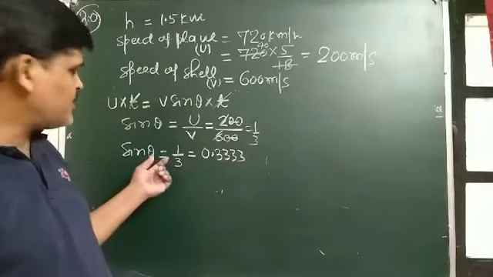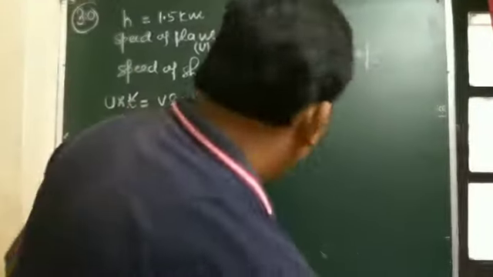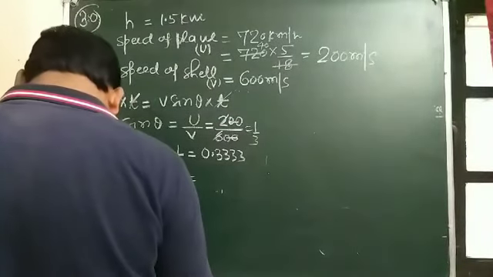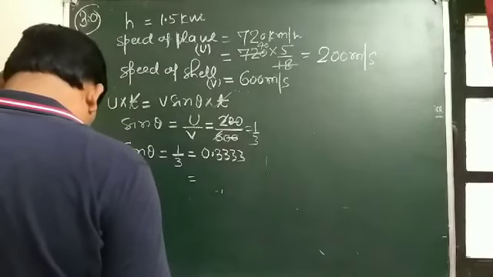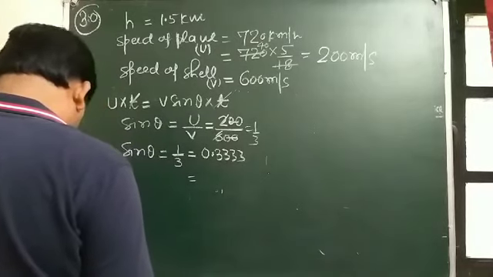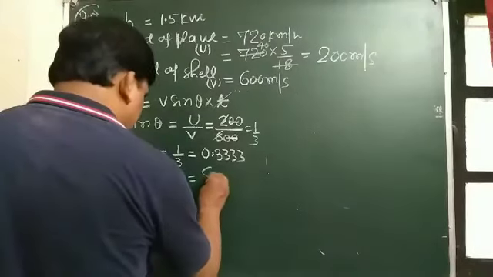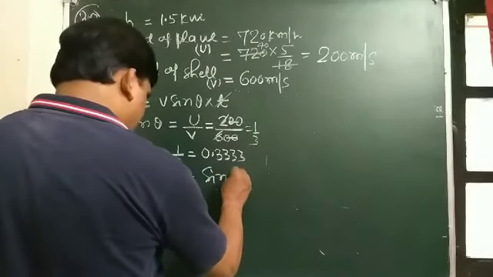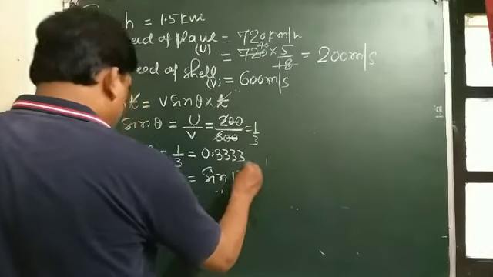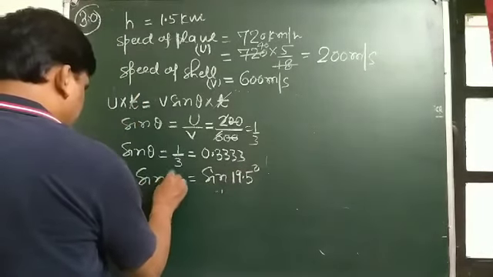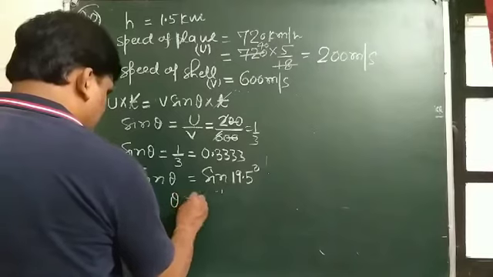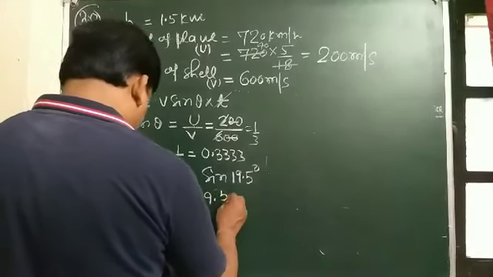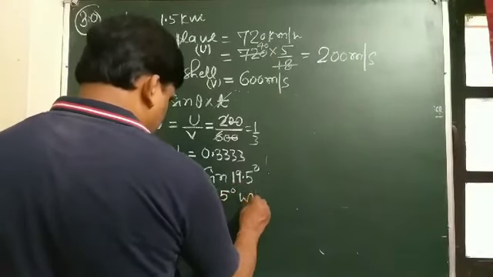When you look up 0.3333 in the natural sine table, you will get this value, I am going to write directly, 19.5 degree. So sin theta is 1 by 3, so theta is 19.5 degree, in which direction?